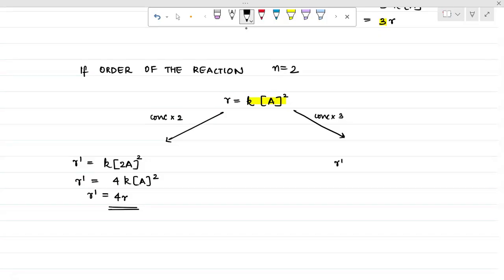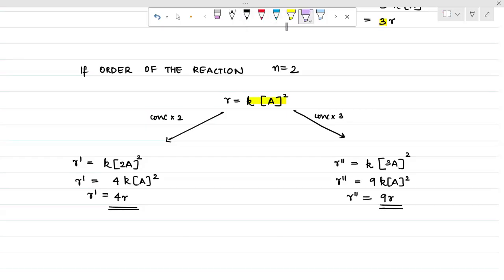So here, R double prime is equal to K times concentration, which has now become 3A to the power 2. 3 squared is 9. 9 can be taken outside. Ka squared, correct? Now, Ka squared is same as R. So, 9 times R. So, can you see?